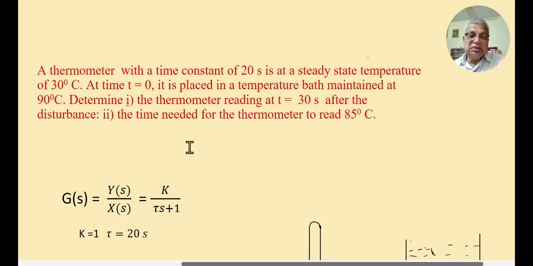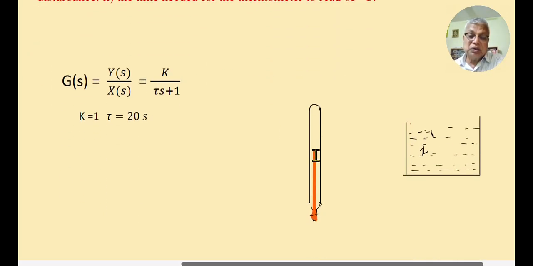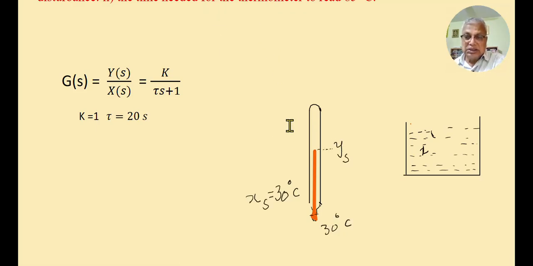Well, initially the thermometer is at a steady state temperature of 30 degrees centigrade. We don't know where it is at 30 degrees centigrade, maybe in a room or in a liquid bath, wherever it is. So let us assume that initially the thermometer is at steady state in a room, where the surrounding temperature is 30 degrees centigrade.